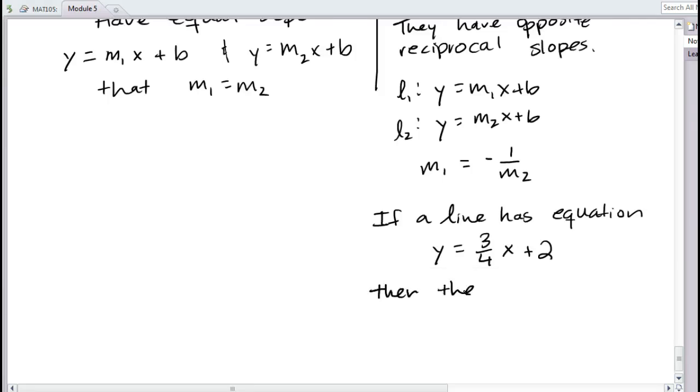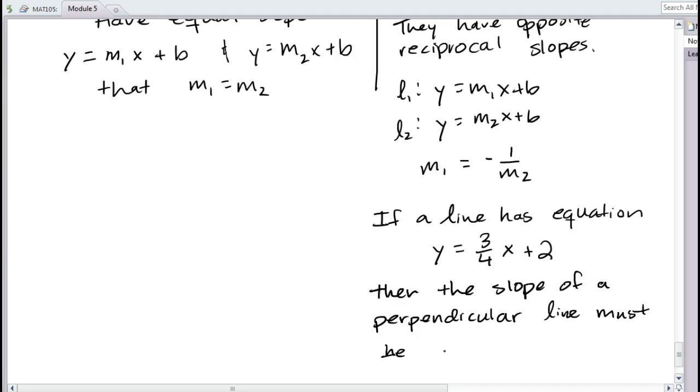The slope of a perpendicular line must be, so what you do is you flip over the fraction, or if it's a regular number, you still flip it over, and then change the sign. So it must have slope m equals negative 4 over 3. And that's all you really need to know for parallel and perpendicular lines.